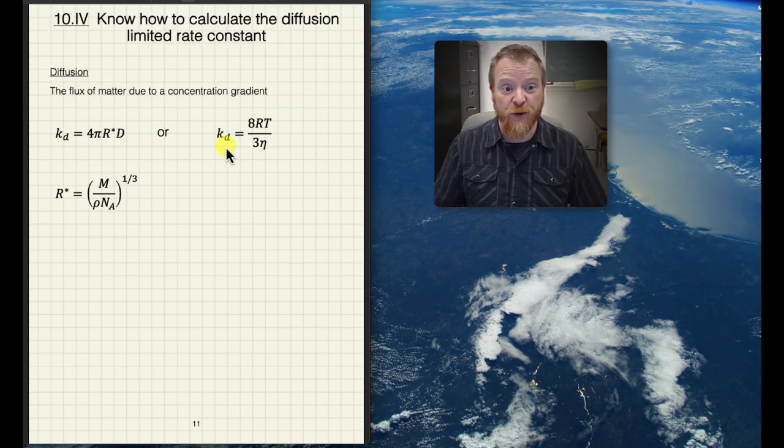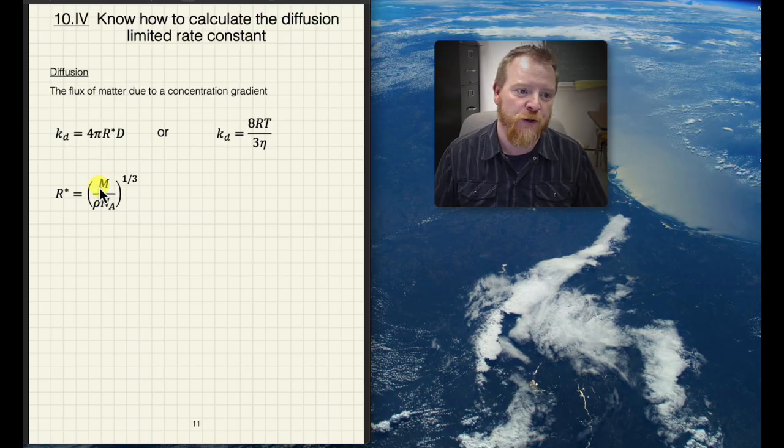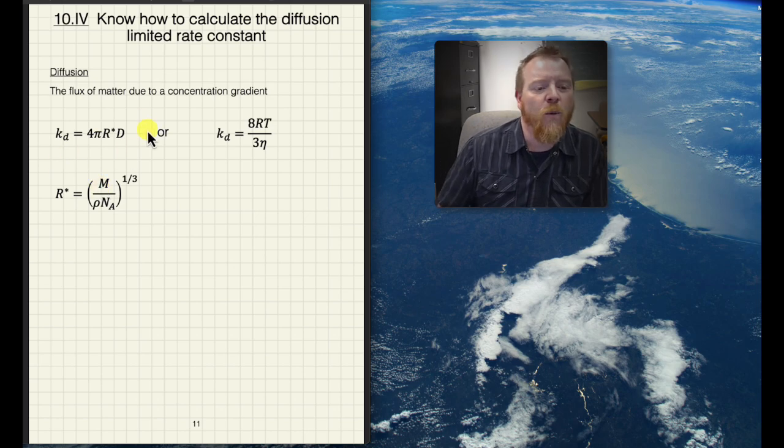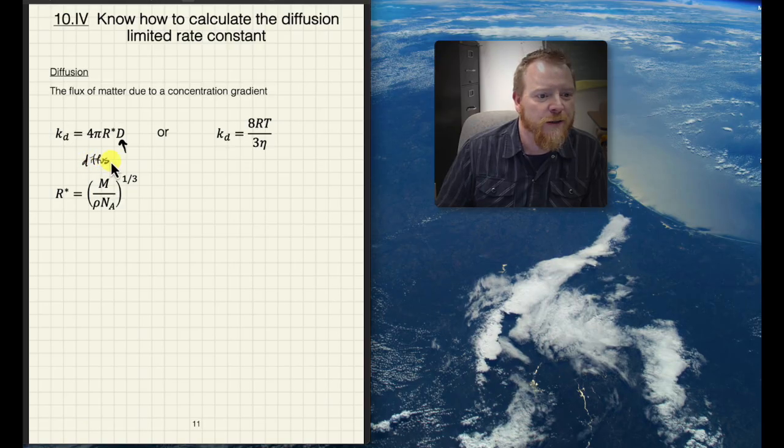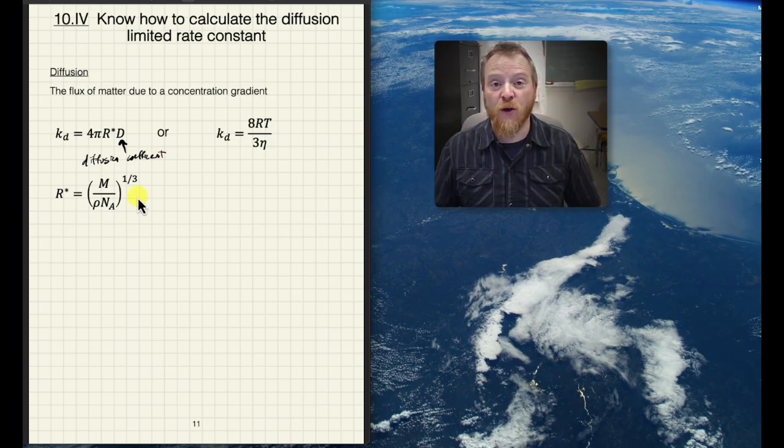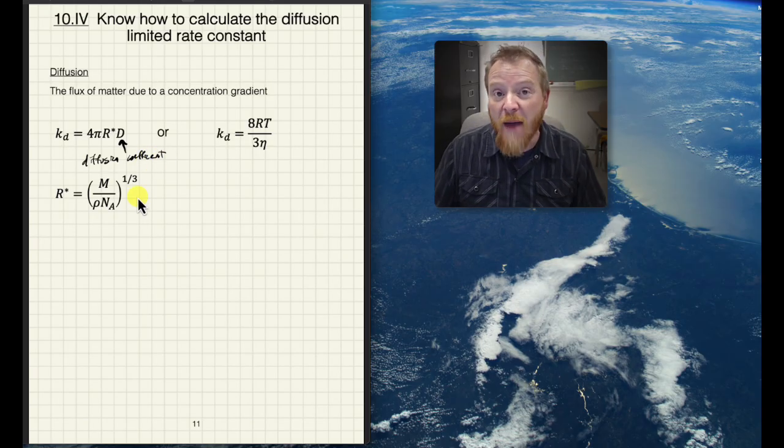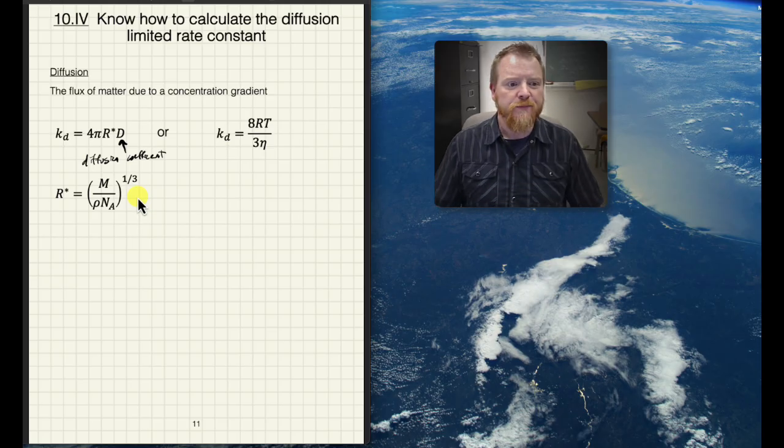So there's two different ways you can calculate the diffusion coefficient, and they both lead to very similar results. So what is all this stuff? Well, D gives us our diffusion coefficient, which is a measured quantity, and the solute and solvent matter, those are important.